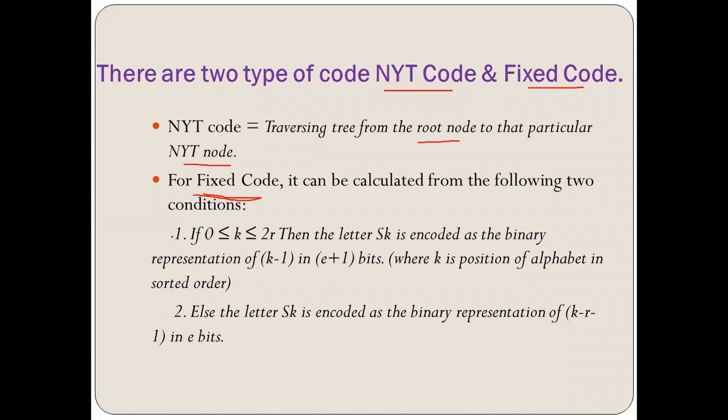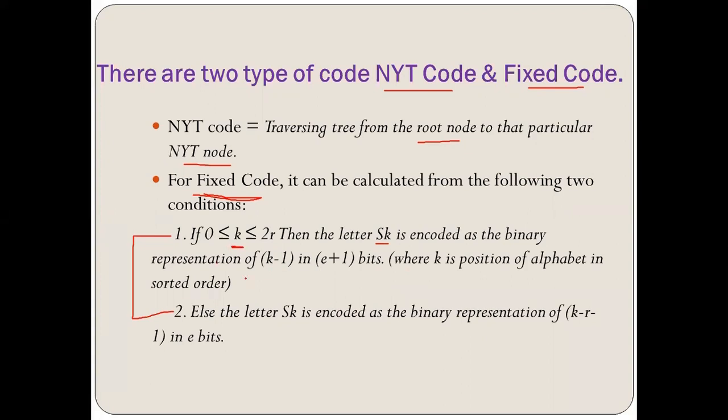The first condition is if K is lying between the lower bound 0 and upper bound 2R, then the letter SK is encoded as the binary representation of K minus 1 in E plus 1 bits, where K is the position of the alphabet in sorted order.